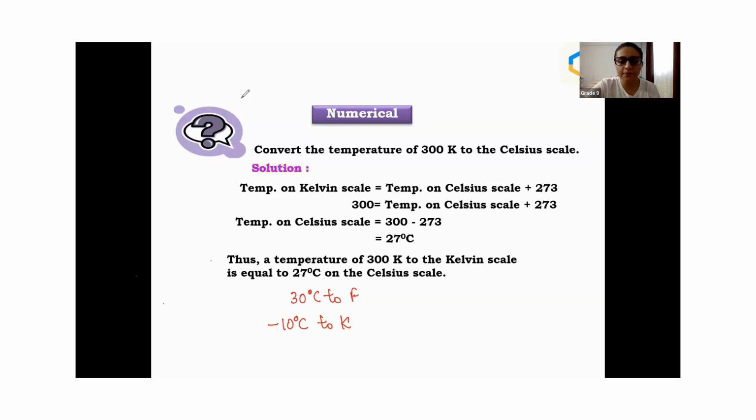Okay, Abhay. So Mehak, do you want to change the answer? Excuse me, ma'am. Yes. Ma'am, in my book, the formula for changing Celsius to Kelvin is Kelvin equals degree Celsius plus 273.